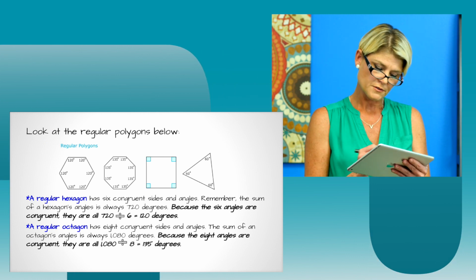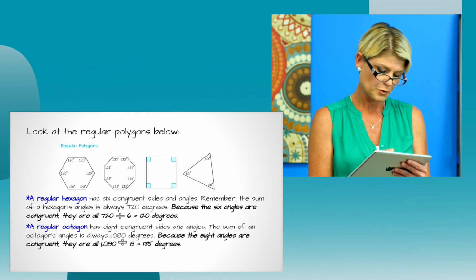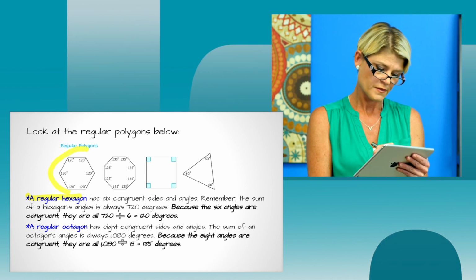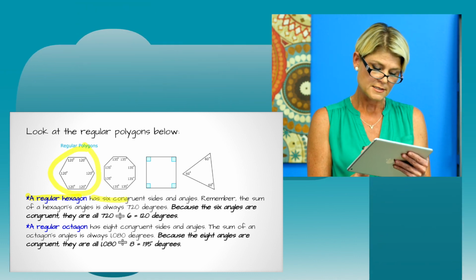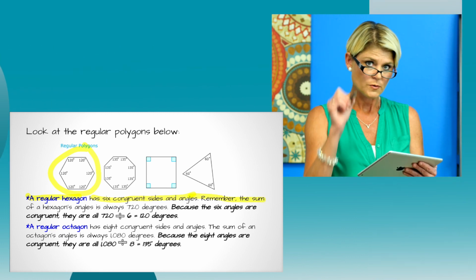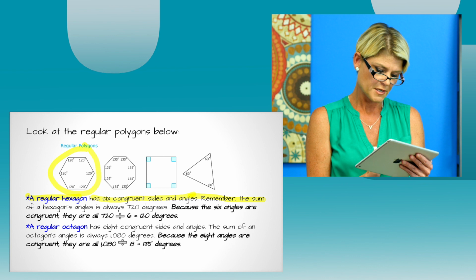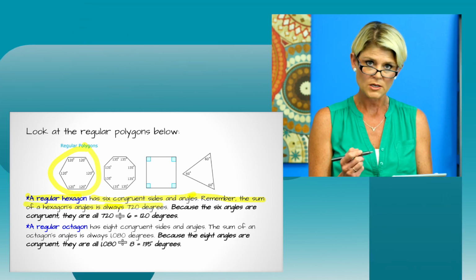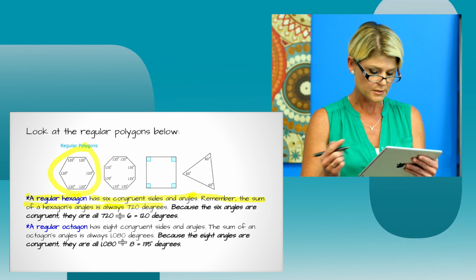All right, let's take another look at these regular polygons below. And we'll just read each of these little sections. So let's look at the first blue piece of information here. Okay, regular hexagon, right here. It has 6 congruent sides and angles. Now remember what we had on the slide a couple of minutes ago. The sum of a hexagon's angles is always going to equal 720 degrees.